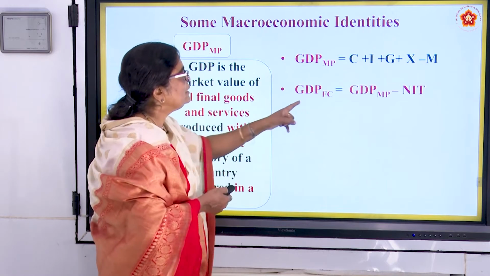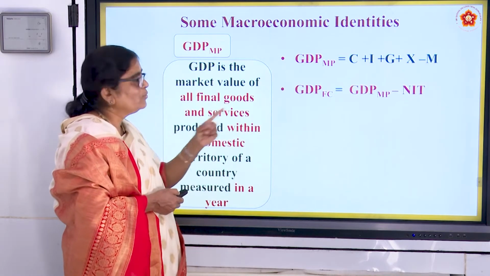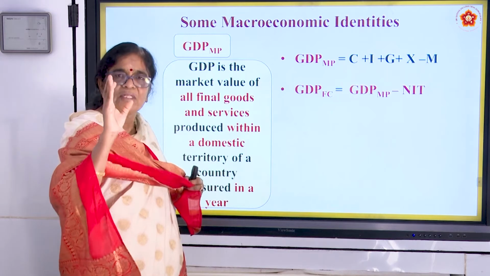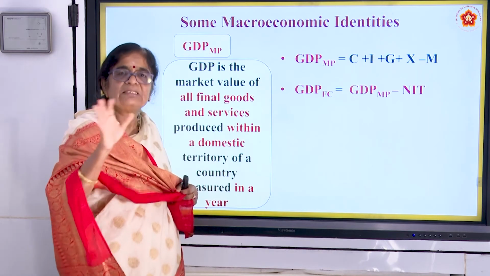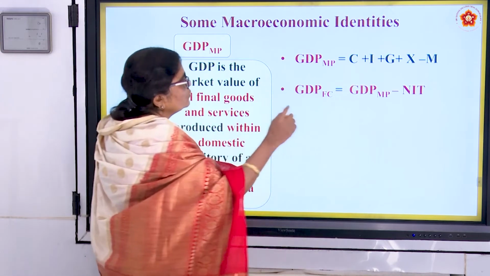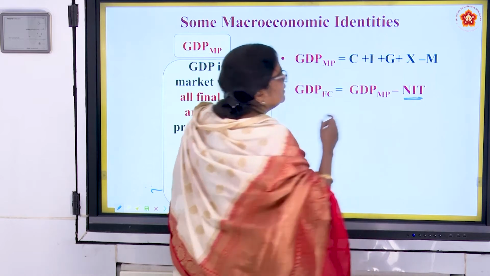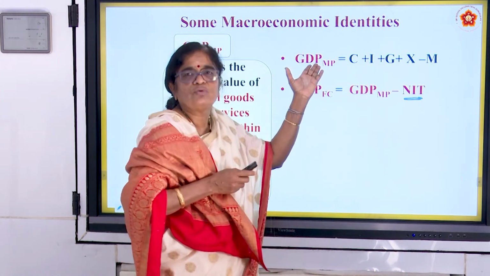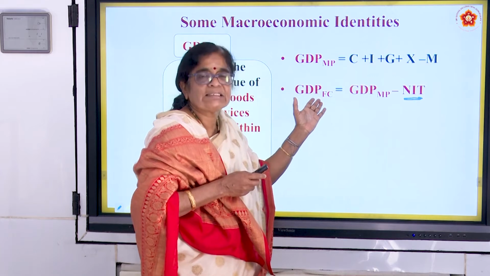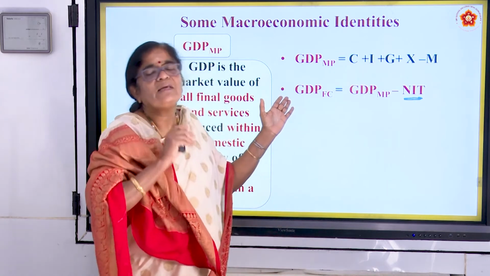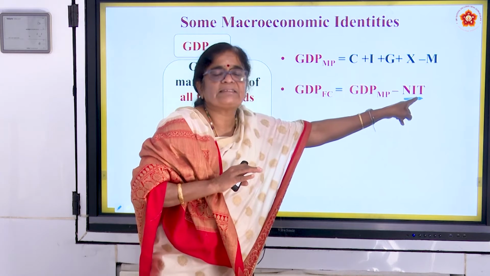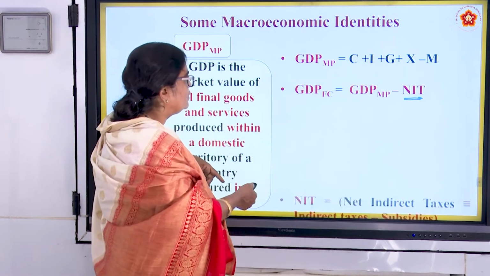The second one, GDP at factor cost. I told you factor cost means it only includes the payment for factors of production. It doesn't include taxes. Therefore, you have to deduct NIT from the market price, because market price includes taxes, but factor cost includes merely factor payments. Therefore, you have to deduct all the net indirect taxes. What is net indirect taxes?